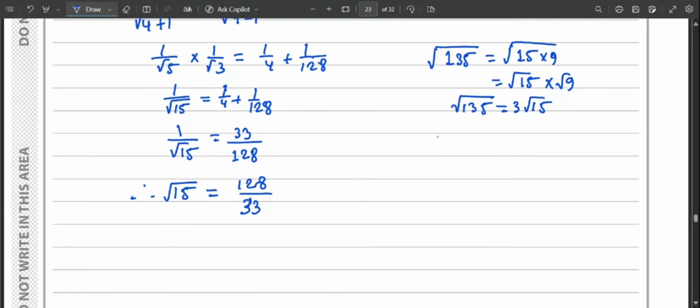So ultimately, the answer we get is 128 divided by 11 for the approximation of root over 135. This is our answer for part D, and this concludes our question number 8. We can now move to number 9.